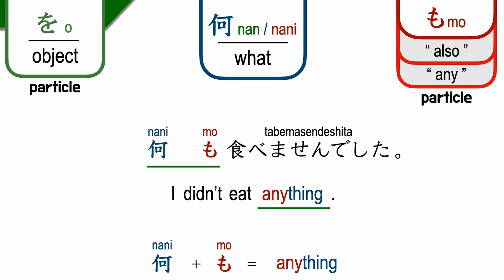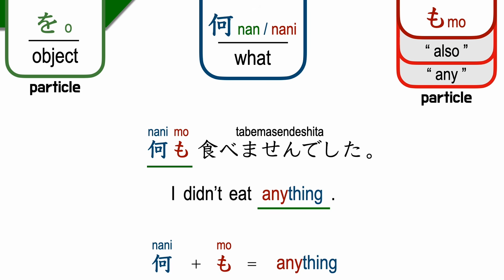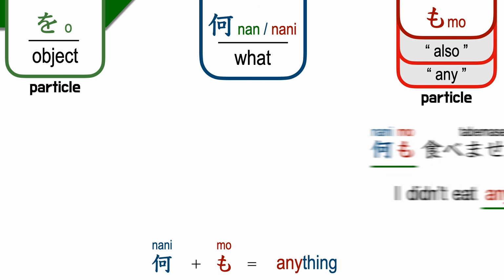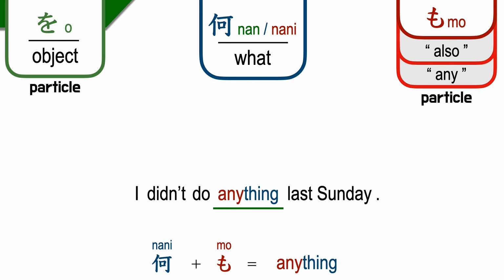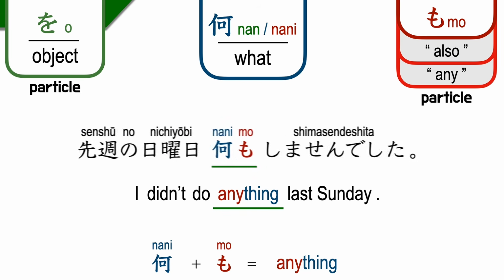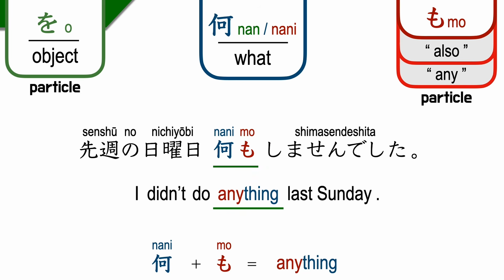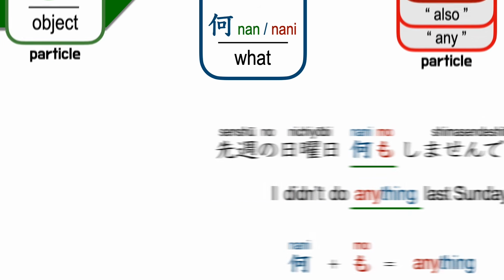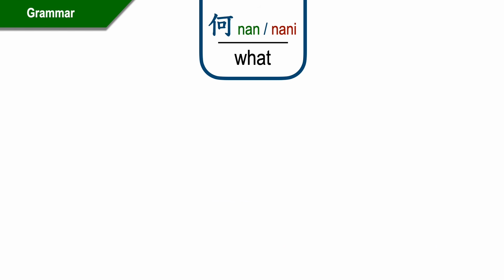So it should be 何も食べませんでした。I didn't do anything last Sunday. 先週の日曜日何もしませんでした。So 何 in Japanese has two pronunciations, nan and nani.